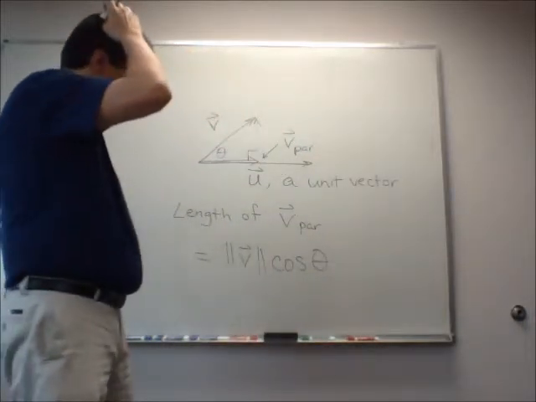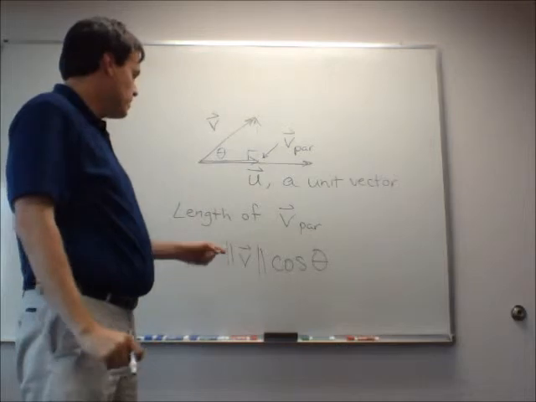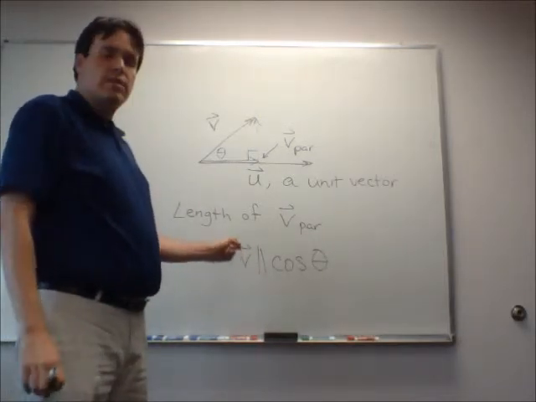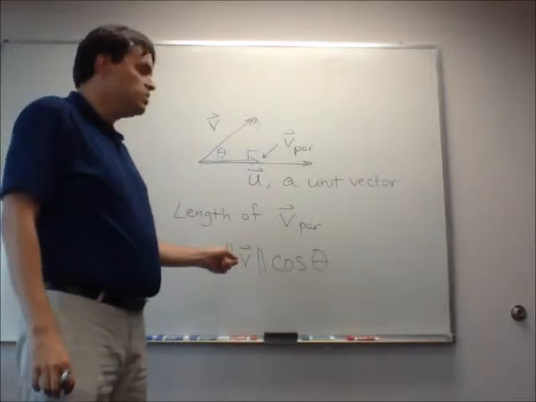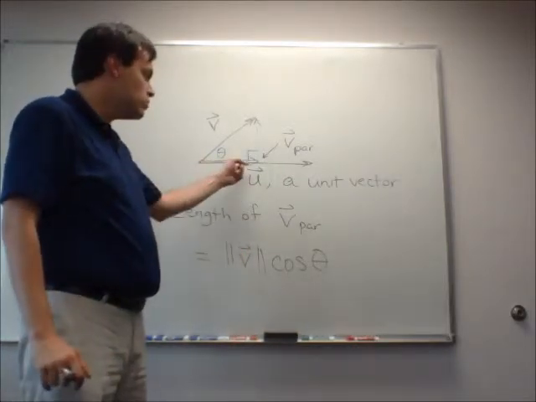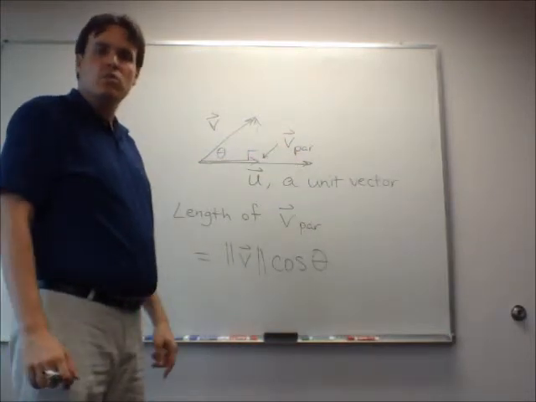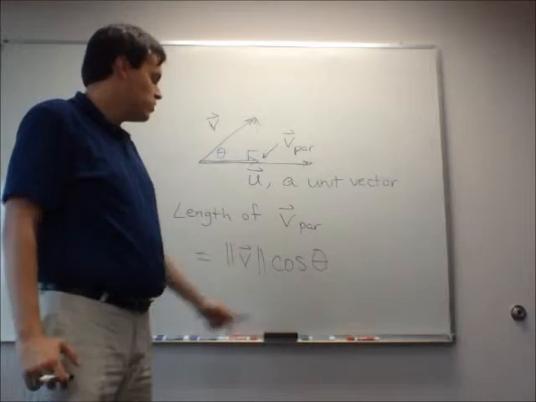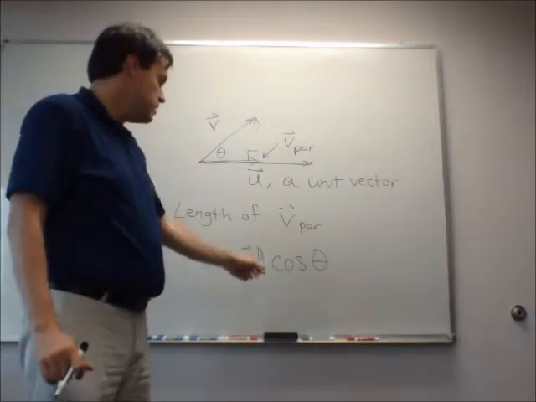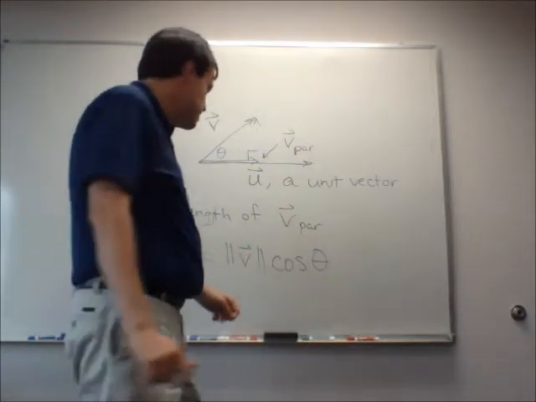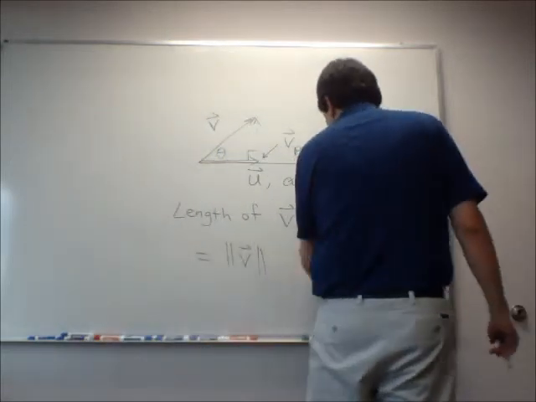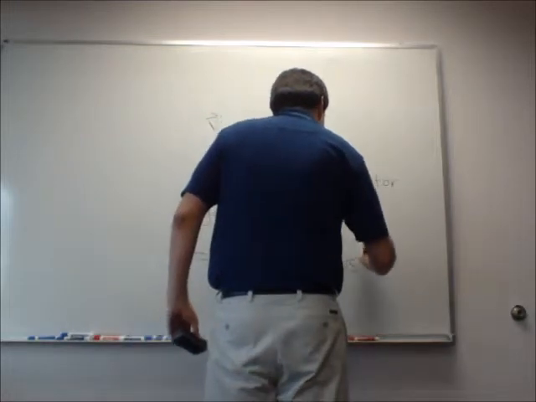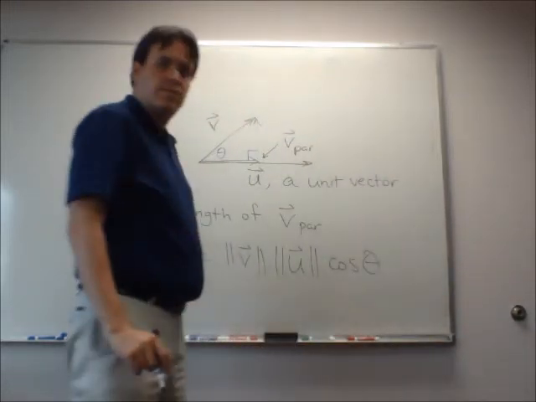Now at this point I'm going to step back and say, just a minute, this looks like something that I've seen before. This looks an awful lot like the geometric formula for the dot product of v and u. The only thing that is missing is the magnitude of u. But the magnitude of u is 1, because u is a unit vector by definition. So there's no harm in me saying this is not just magnitude of v times cosine theta, this is actually magnitude of v times magnitude of u times cosine theta.